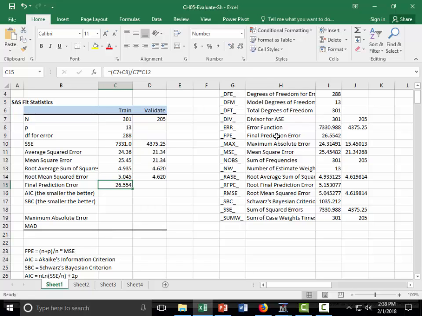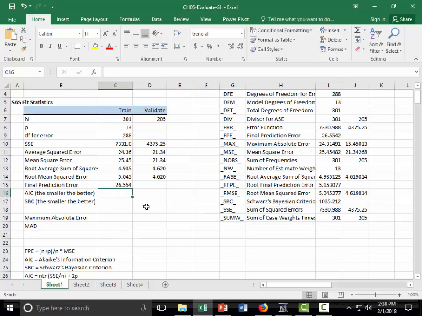Final prediction error is mean square error adjusted for the fact that we have p number of predictors. So you assess the cost for the number of predictor variables. So it's slightly higher than mean square error.